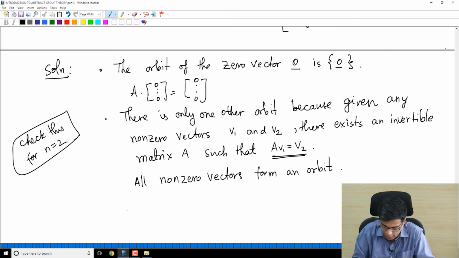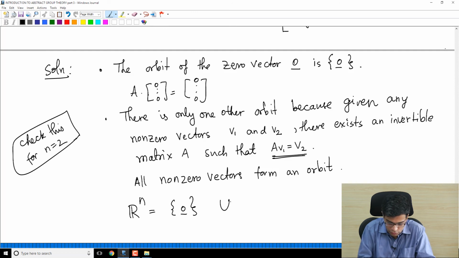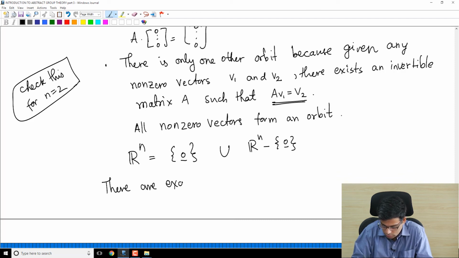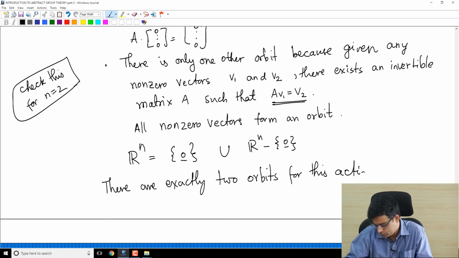So what is the orbit decomposition of R^n? You have the 0 vector as one orbit, and all non-zero vectors as one orbit. So there are exactly 2 orbits for this action.